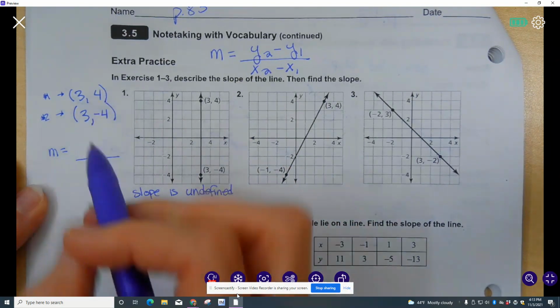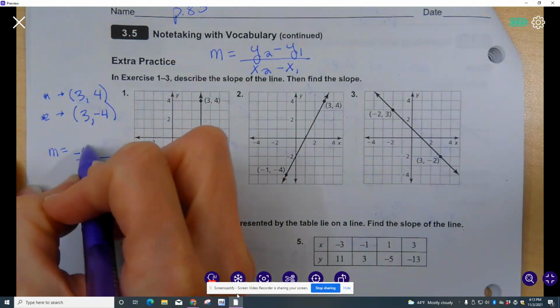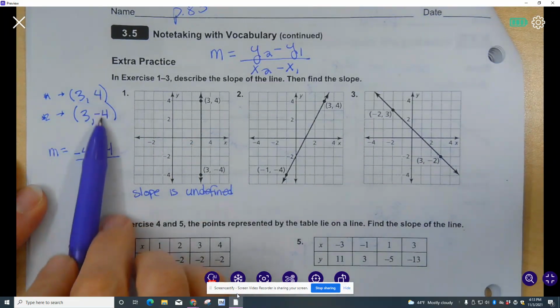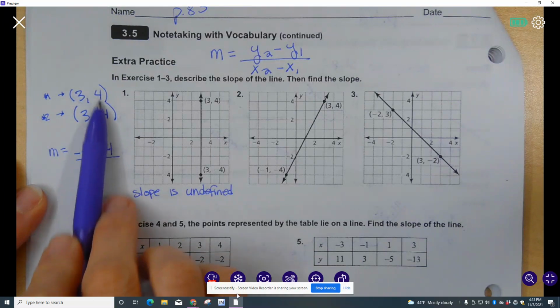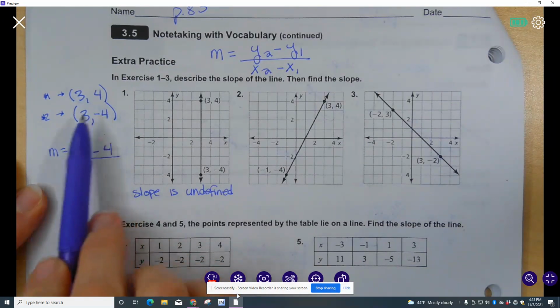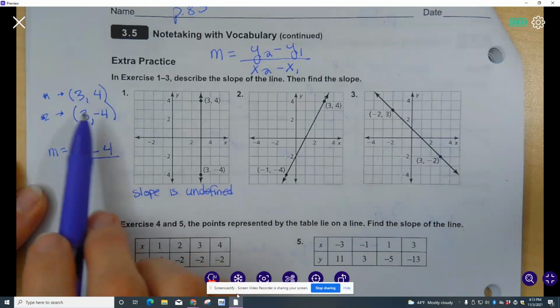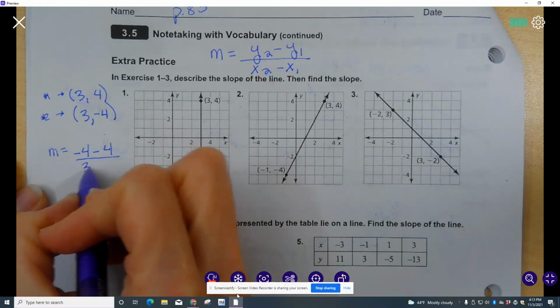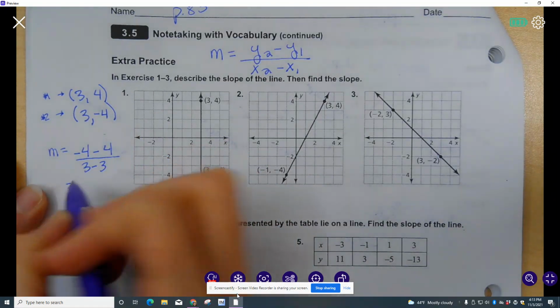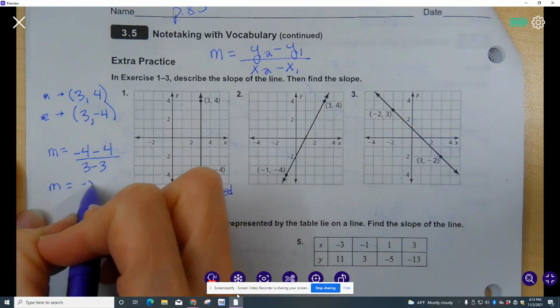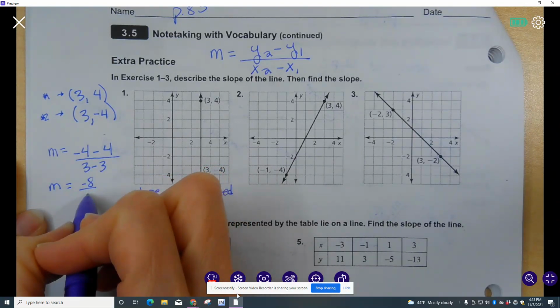So we're going to have -4 minus 4. So if you line them up, you can say, oh, I'm minusing the y's. They're right on top of each other. And then I'm going to do x2 minus x1, which in this case, they're both 3. 3 minus 3. So on the top, I have -4 minus 4. That's -8. On the bottom, I have 3 minus 3. That's 0.